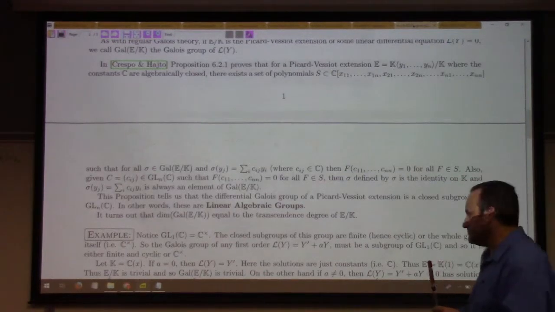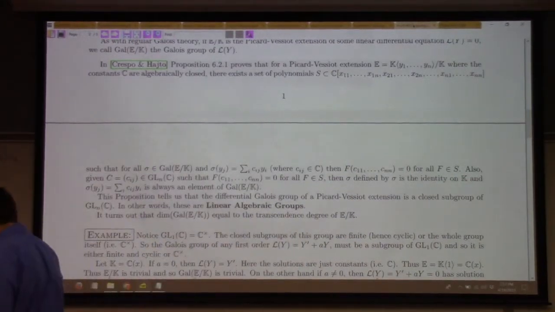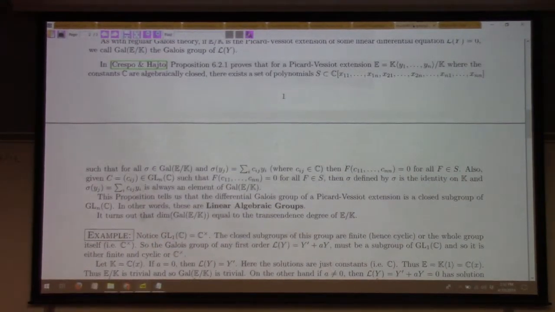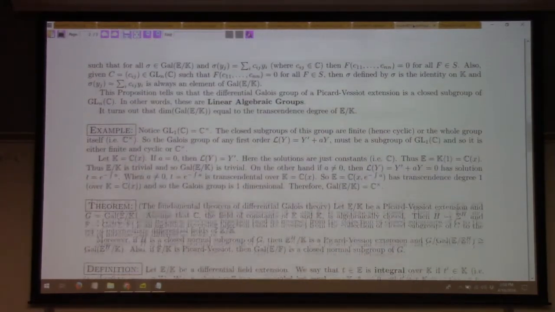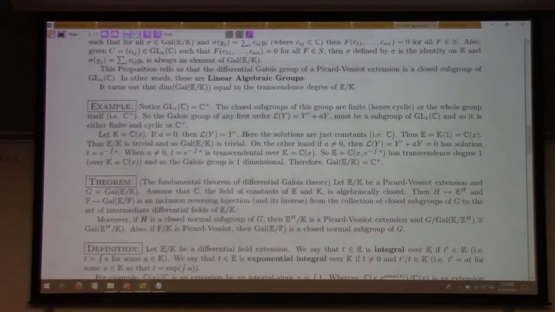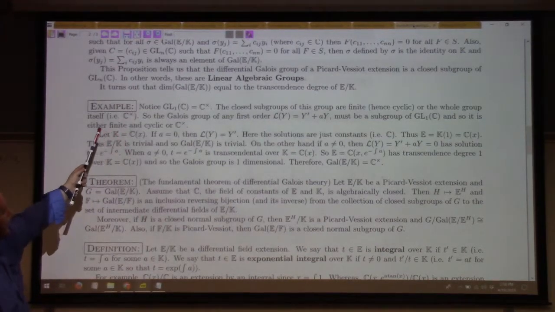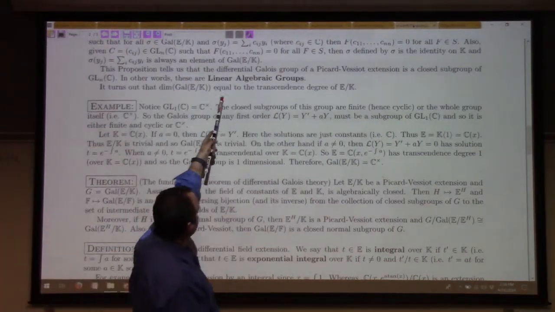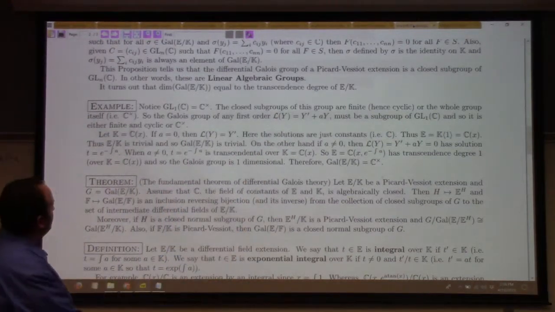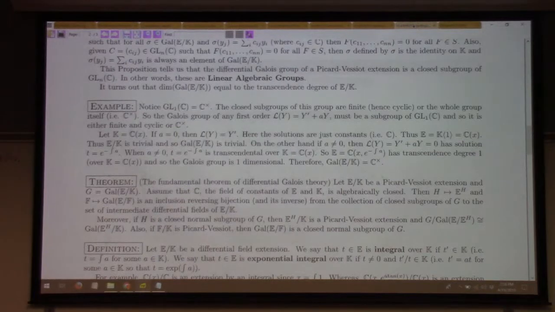I know our time is almost up here, so I'll try to move it along. This example is probably trying to explain what's meant by that sentence right here. GL1(C) is the non-zero complex numbers, because invertible complex numbers are non-zero complex numbers, since it's a field.